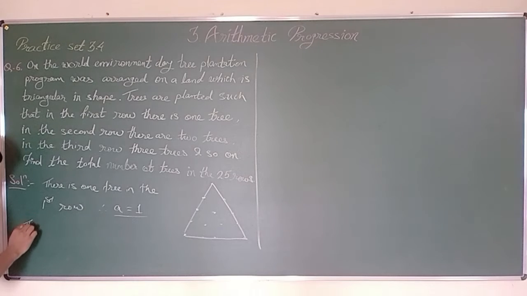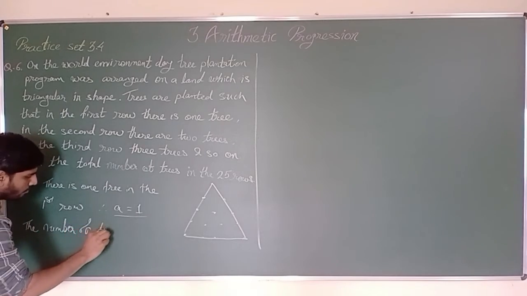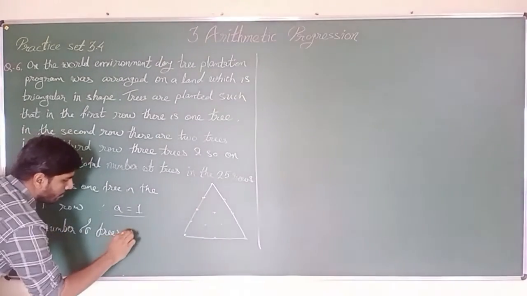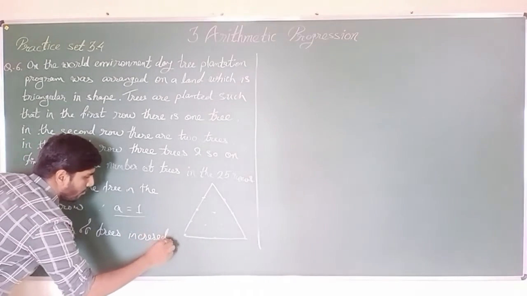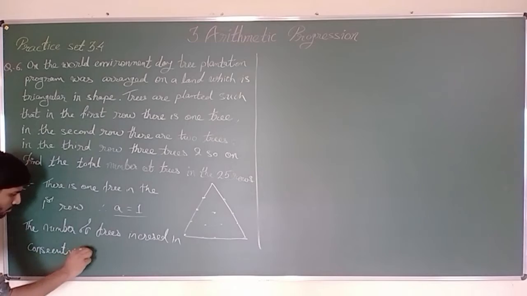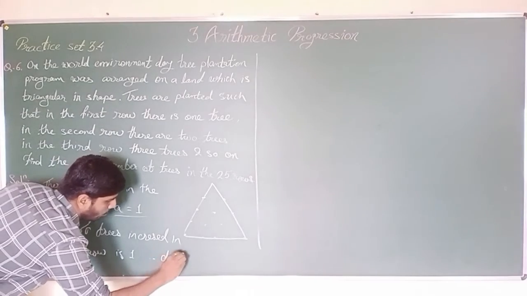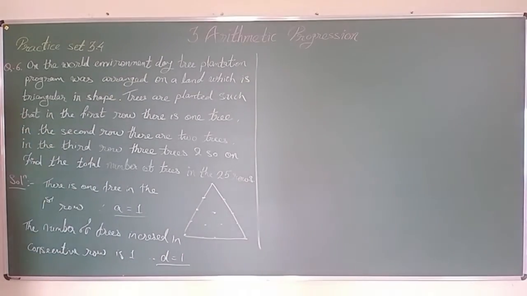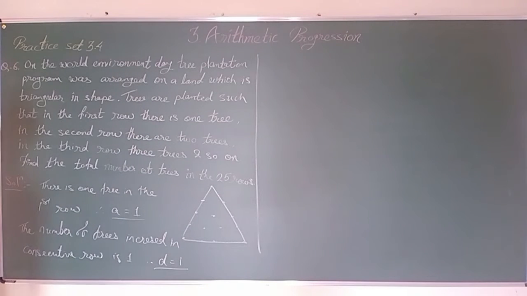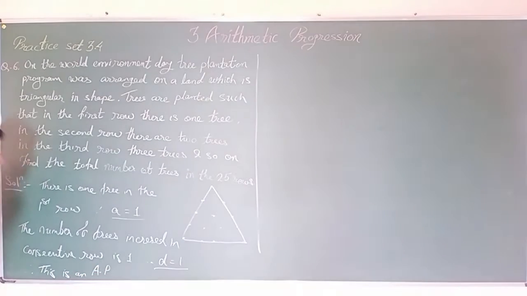Now, the number of trees increased in each consecutive row is 1, therefore d is equal to 1. Therefore, this is an arithmetic progression.